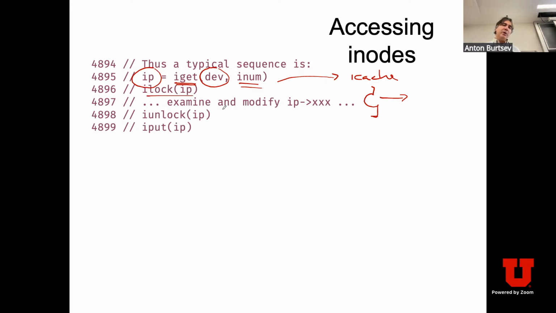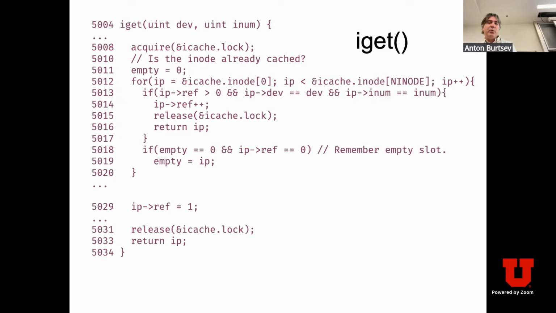You acquire a lock, you do some modifications to the inode to make sure that if the same inode is modified concurrently, because someone else can open the same inode with this iget function, and then you unlock it and then put it. iget implements the ref count, and this one decrements the ref count. And essentially, at some point when no one else is referencing the inode in memory, it goes back to the free pool of inodes.